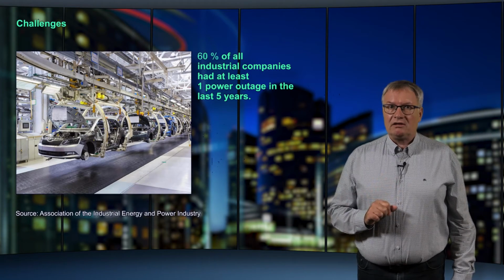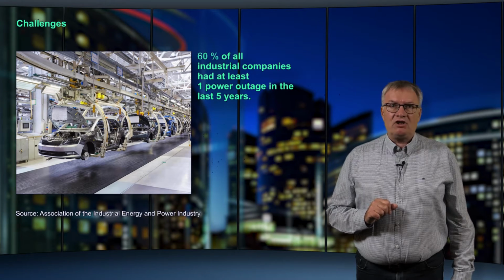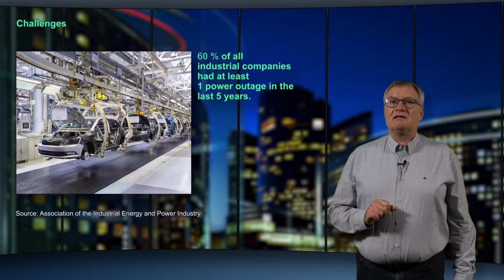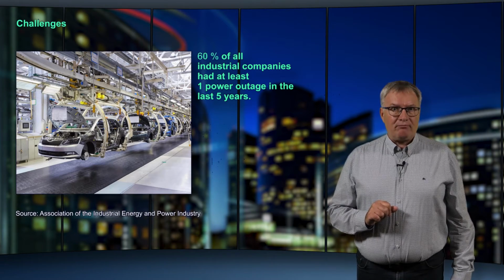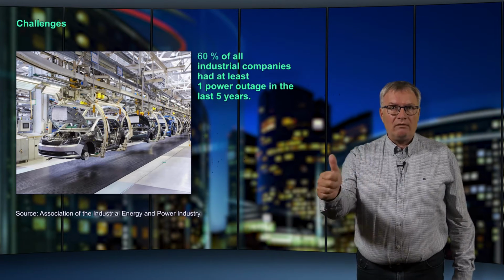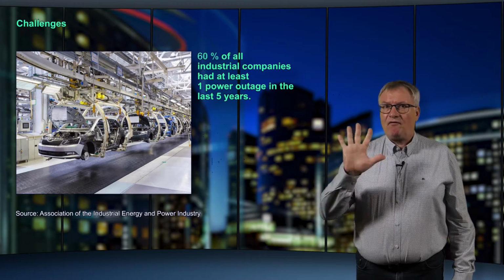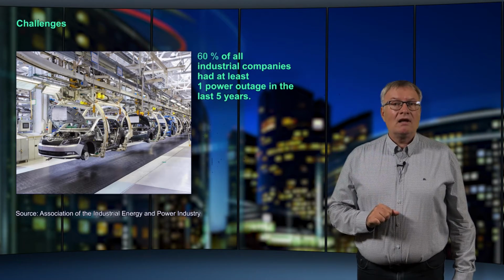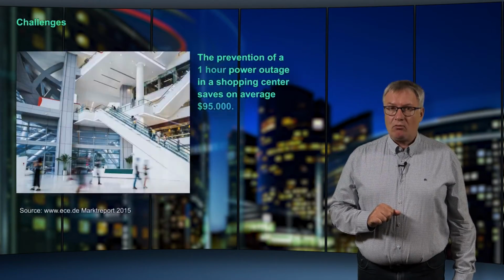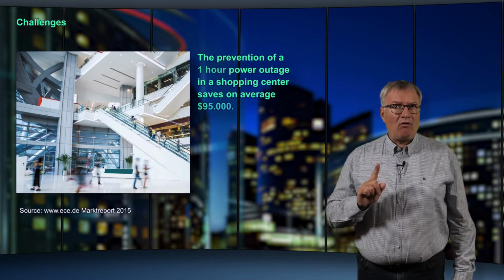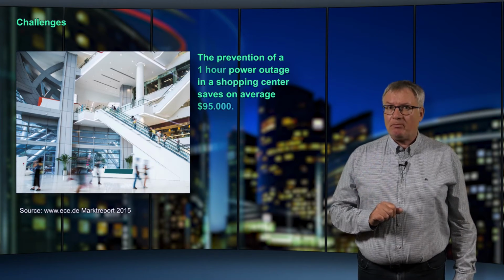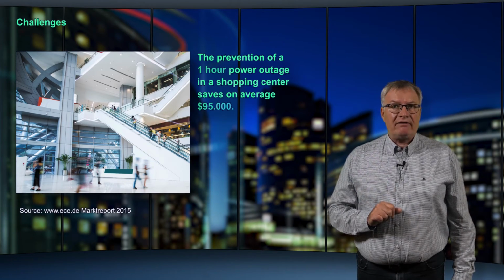The Association of the Industrial Energy and Power Industry reported that 60% of all industrial companies had at least one power outage in the last 5 years. Let's have a look at shopping malls or public buildings. Here, the prevention of a 1-hour power outage in a shopping center saves on average $95,000.